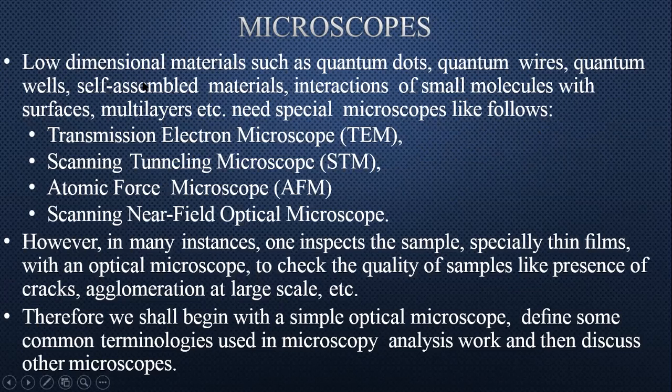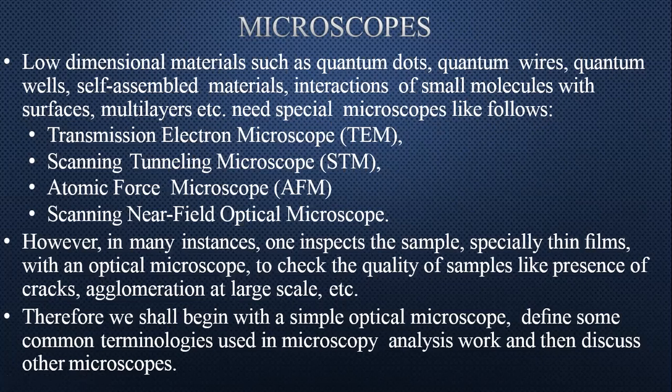Low dimensional materials such as quantum dots, quantum wires, quantum wells, self-assembled materials, interaction of small molecules with the surfaces of substrates, multilayers, etc. need special microscopes as follows. The different microscopes used for such characterization may be the transmission electron microscope, that is TEM.